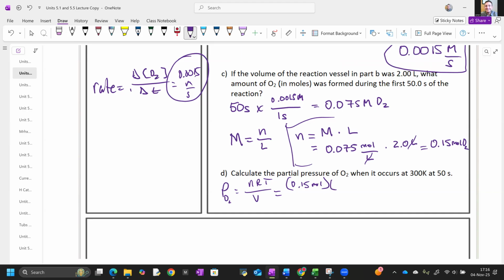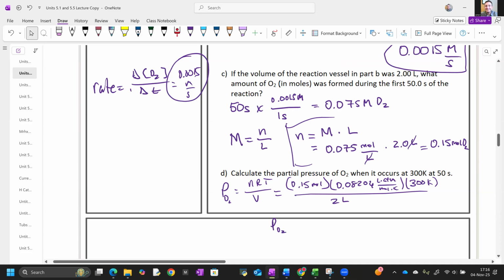We know that R is 0.08206. It's got units associated with it, liters ATM over mole Kelvin. And then our temperature is already in Kelvin, so we're going to leave it Kelvin. And then our volume is 2 liters. And so what we should end up with on our partial pressure of O2 is somewhere close to 1.8. What are the units? ATM. All right, and that's how we do that.